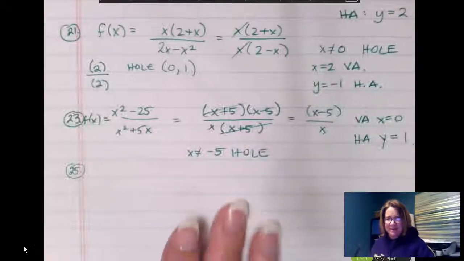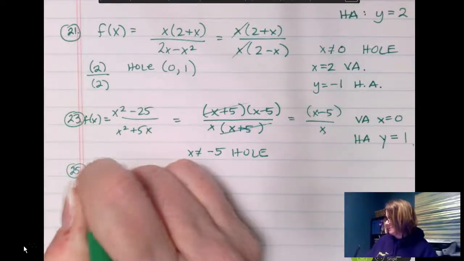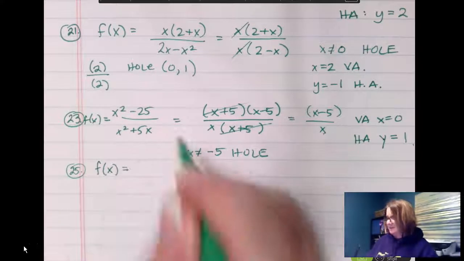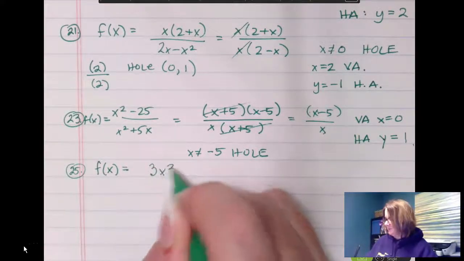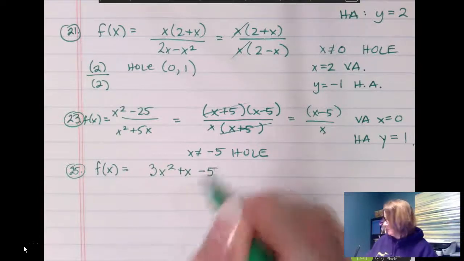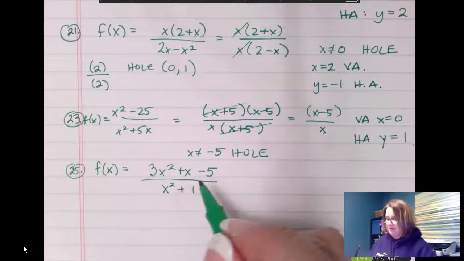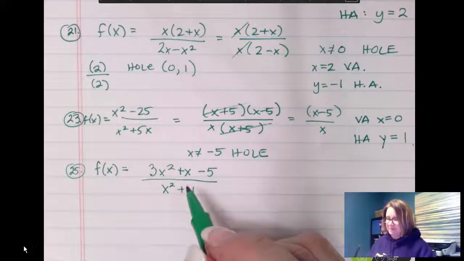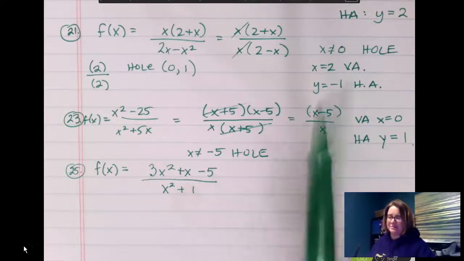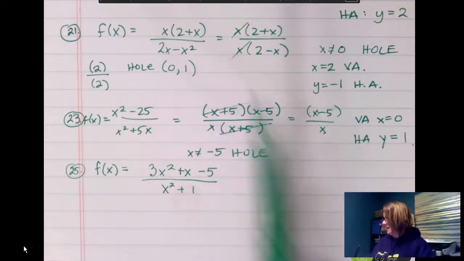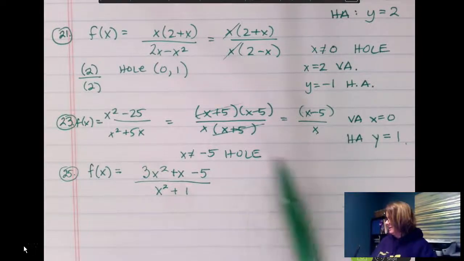For number 25, the function looks a little more complicated, and so I got a little worried that I might not know what to do, but it's really just the same as what we've been doing. We want to find the domain and decide whether it's continuous and see if there's any horizontal and vertical asymptotes. Then we'll take a look at it on a graphing calculator and see whether we're right or not.